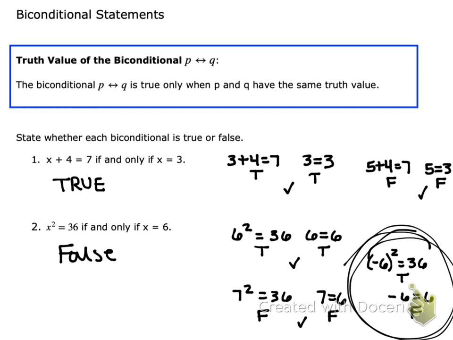So when you're using statements like this, you're almost looking for that contradiction to make sure it's not going to work out. With a truth table, it's easy. The column either matches or it doesn't.